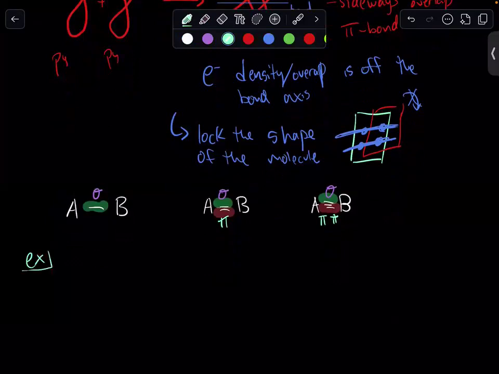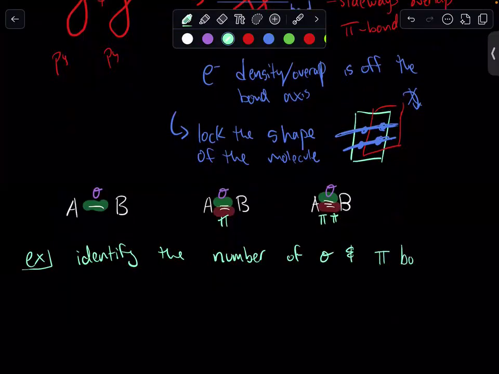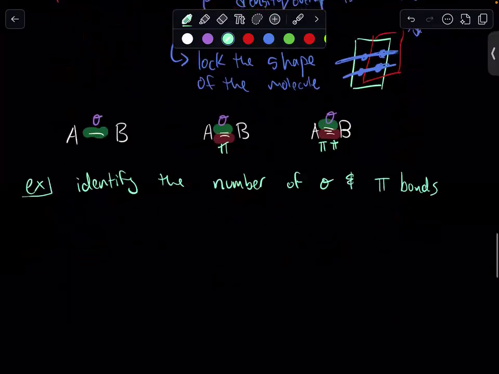So this is going to help us answer some questions that the IB might ask you. So for example, identify the number of sigma and pi bonds. And they'll give you some complex molecule. So here is our complex molecule.